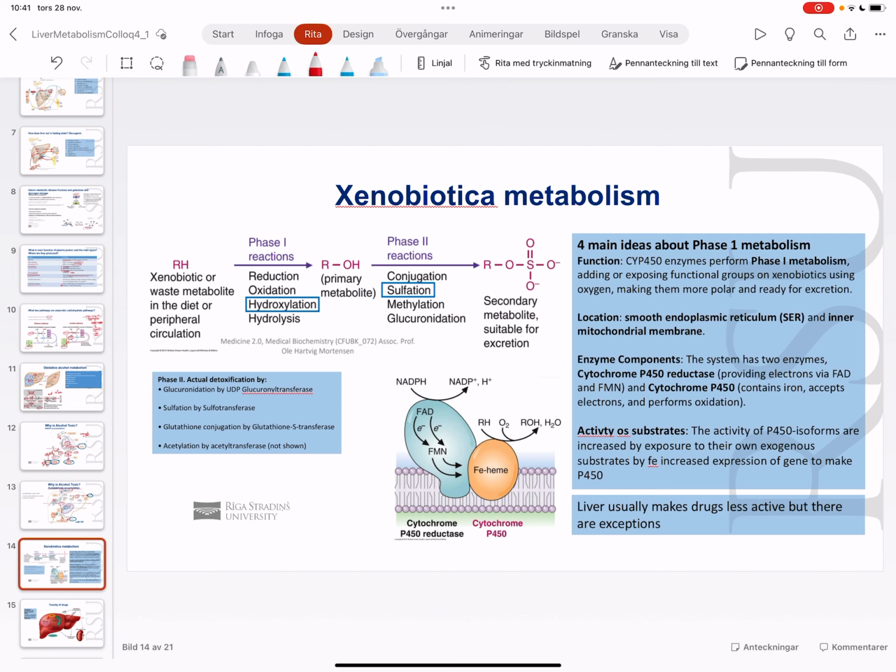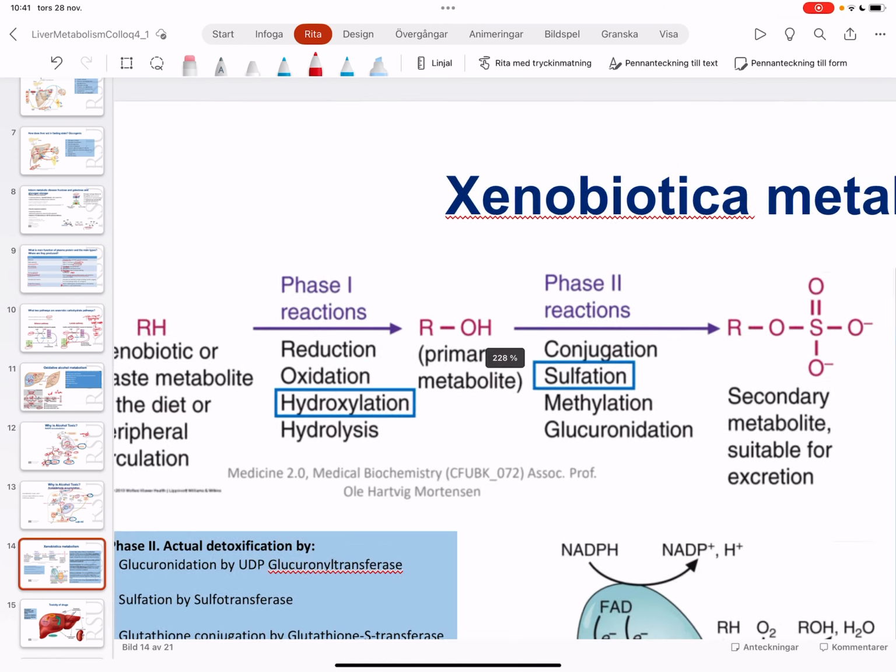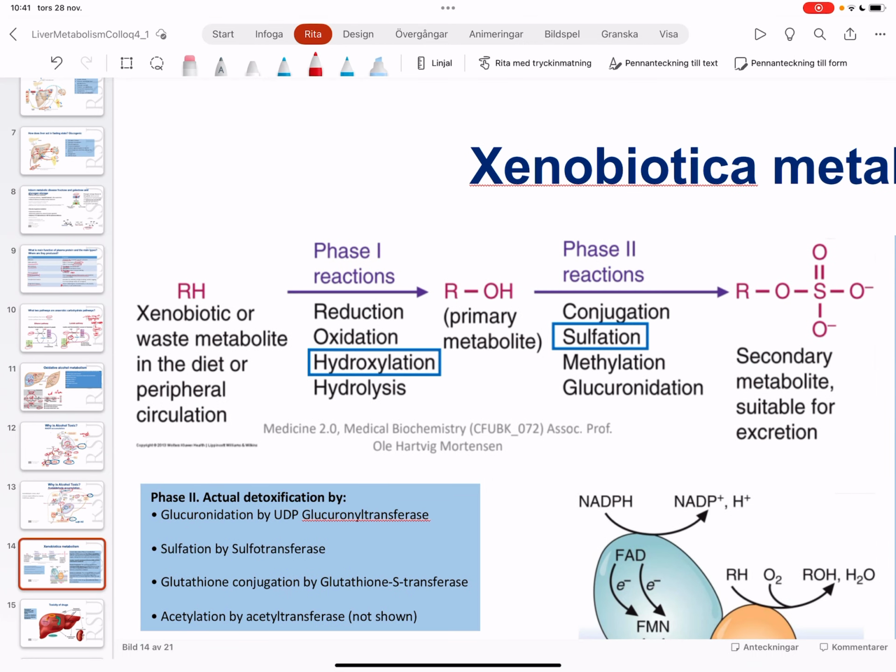Then we have xenobiotic metabolism. There are two phases. We have phase 1 and phase 2. In phase 1, when we have a xenobiotic, some sort of R-chain, it doesn't matter how it looks, but we have a hydrogen.